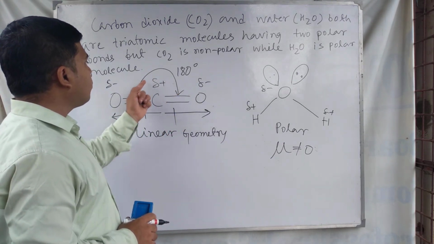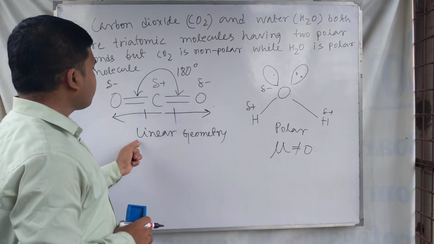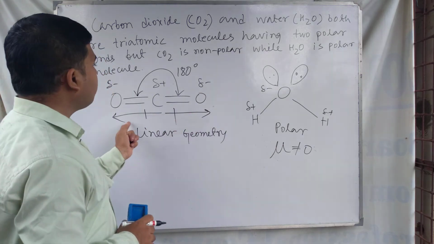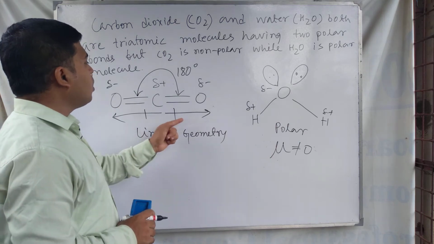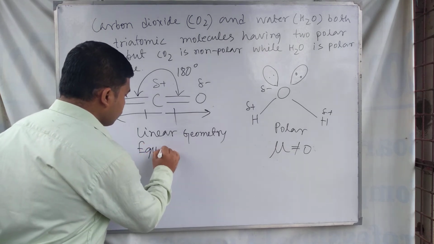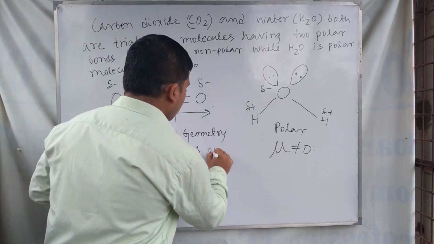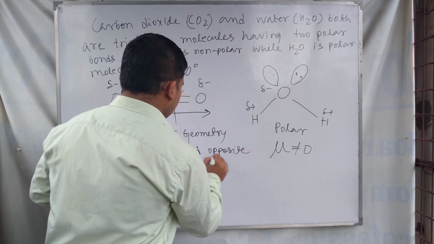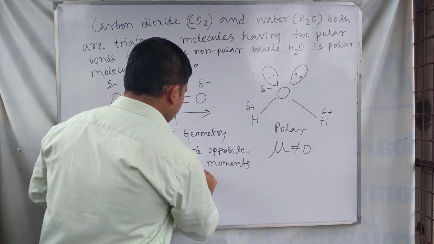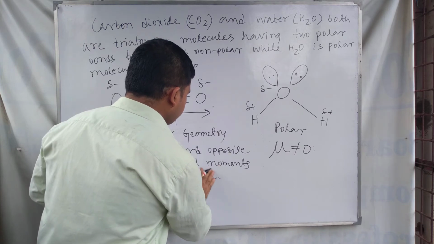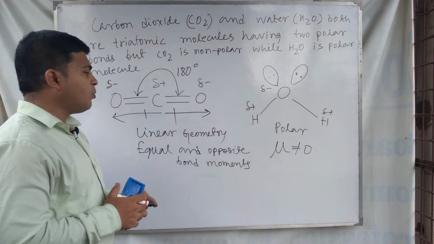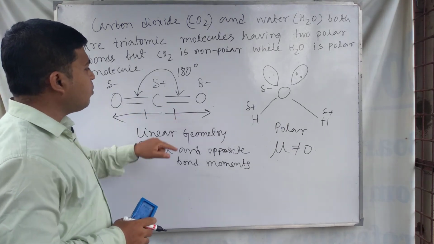But what happens is that this molecule has an angle of 180 degrees and linear geometry, and dipole moment is a vector quantity, so equal magnitudes of dipole moment act in opposite directions.